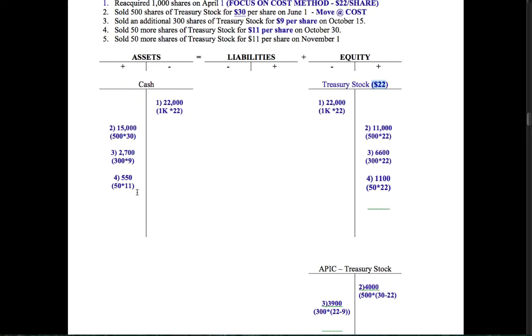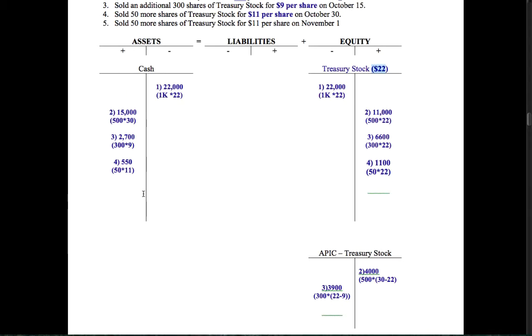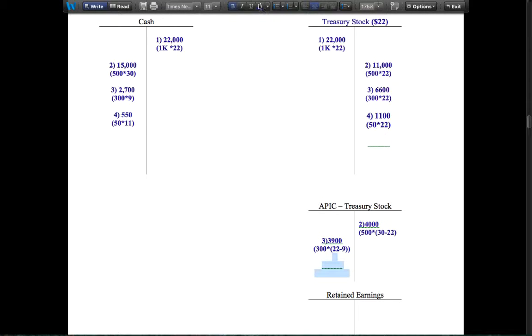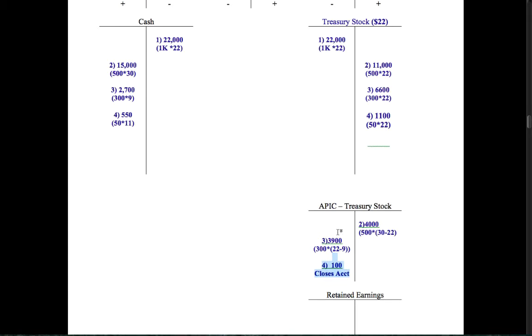Therefore, to balance these entries, we know that we need a $550 entry to the debit. Consistent with entry number 3, because we paid more to acquire than what we are receiving upon reselling these shares, we have to decrease the additional paid in capital of treasury stock. However, there is only $100 left in the additional paid in capital for treasury stock.